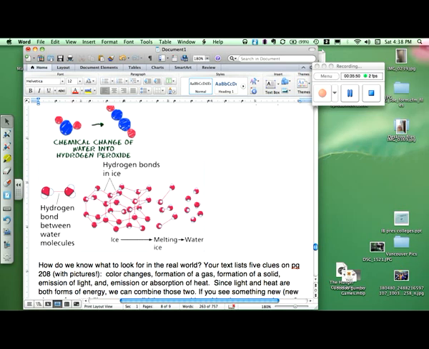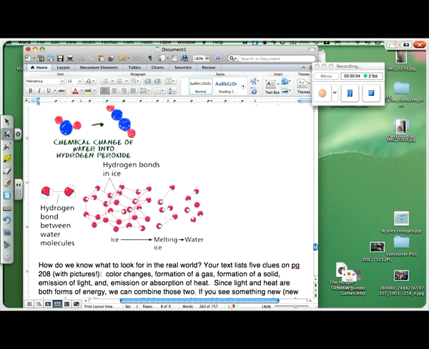So here it's showing in this picture, this one right here, that what I'm doing when I take ice, so this is a picture of ice, okay, it's a really different kind of structure, and what I'm doing is disrupting the force of attraction between the molecules, which is a hydrogen bond, when I melt ice into water.